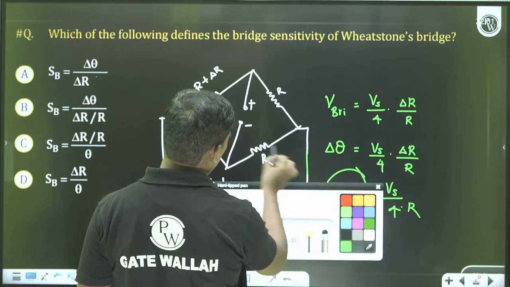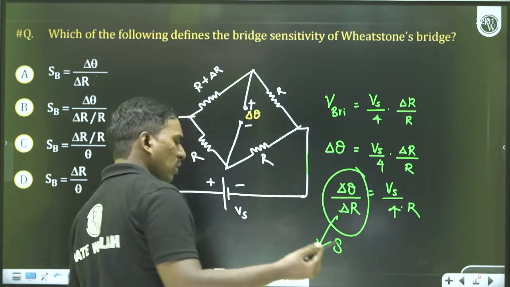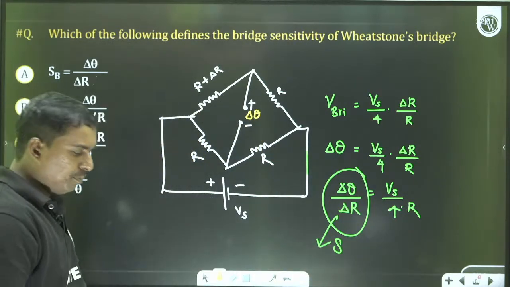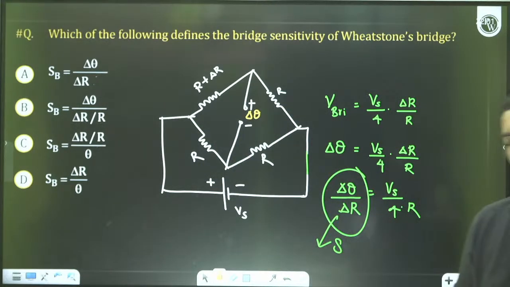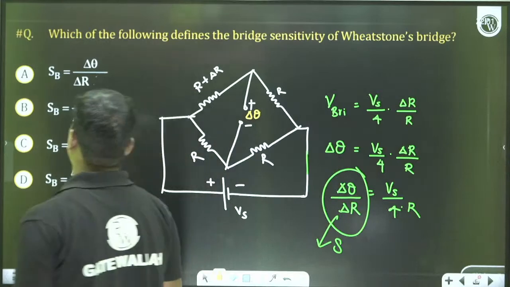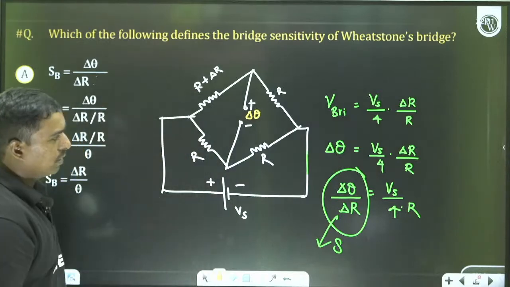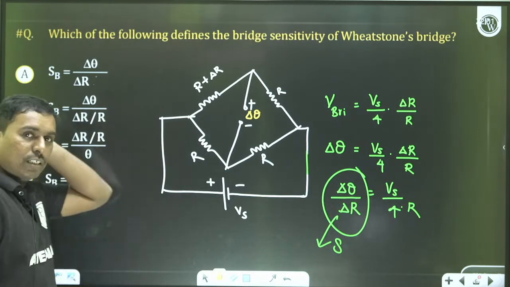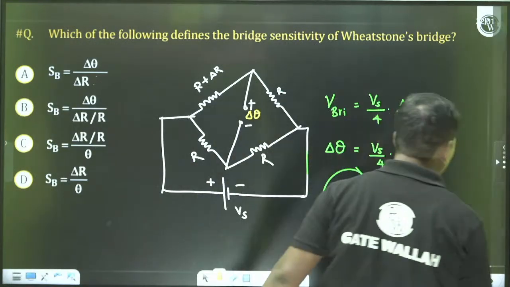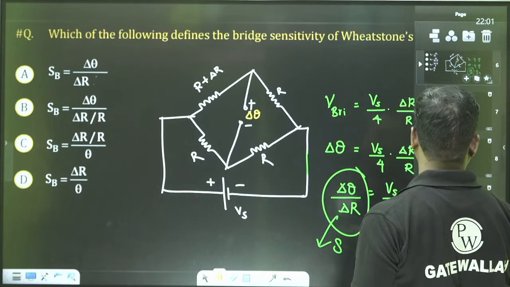These corrections will be rectified. Maybe that is because of some problem with the SME. They may be in a hurry, nowadays they are very busy, so there may be a small typographical mistake. Excuse me for that. Actually we have to correct it, but S is equal to delta theta by delta R. Let us go for the next question.